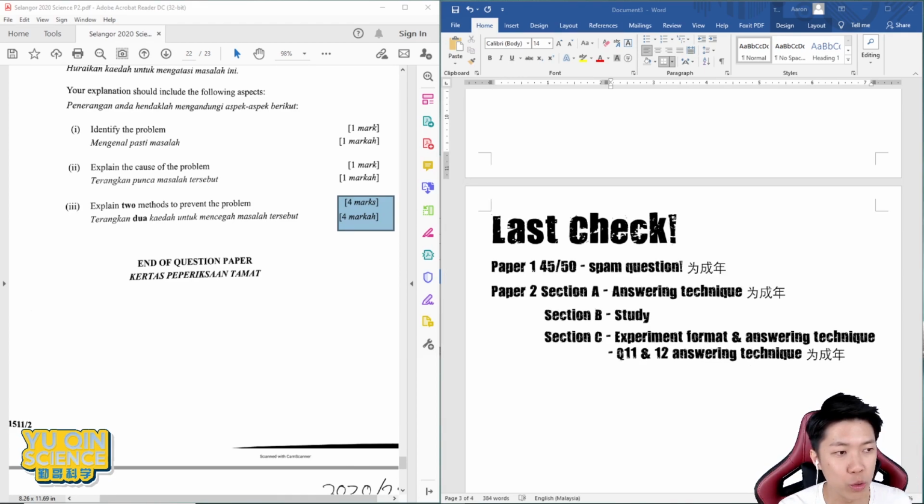Okay, we will do a last check for everyone just to make sure you're ready. Paper 1, 50 questions. Make sure you get 40 and above, or best if you can get 45 and above. Have you spammed all the questions that I gave you? If you're wondering where all the questions are from, Wei Zhenyan. During the December live I did with them, I've already sent the paper to them.